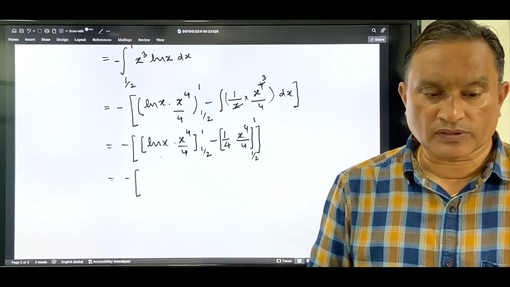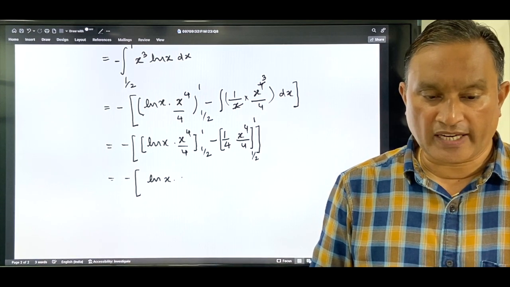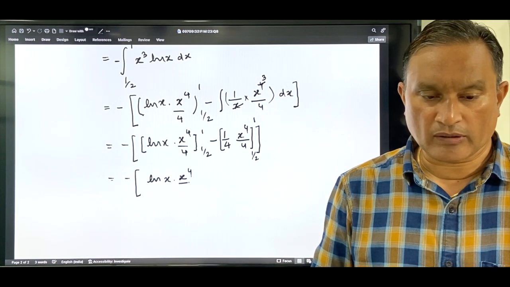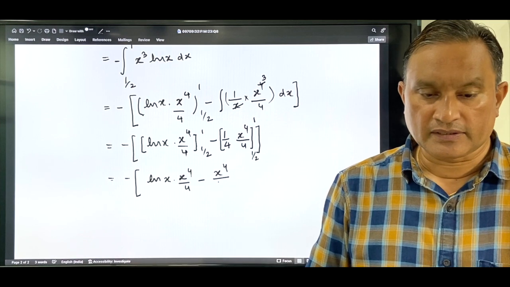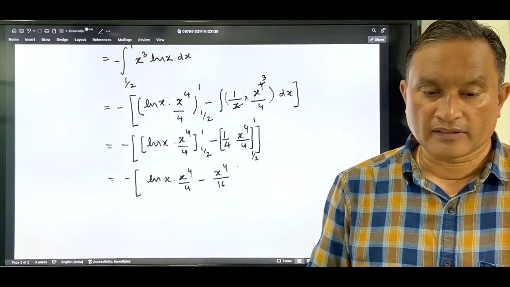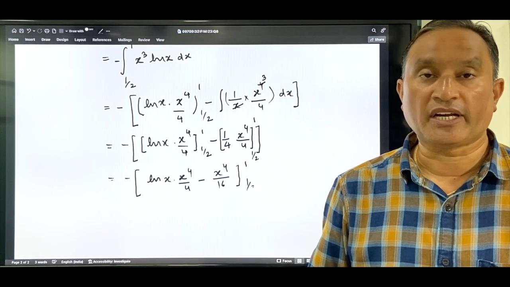Or further you can also write it like this: ln x into x to the power 4 upon 4 minus x to the power 4 upon 16, and the limits would be 1 and 1/2.